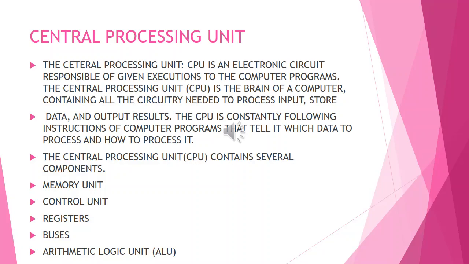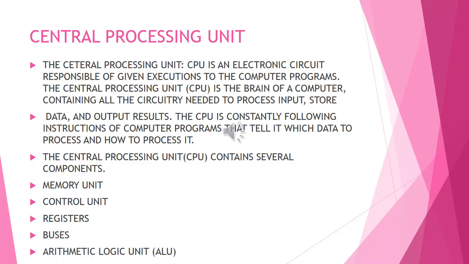So it is responsible for the execution of instructions. The electronic circuit is the one giving instructions to the computer programs, because it already contains multiple components, and each and every component has its own function.